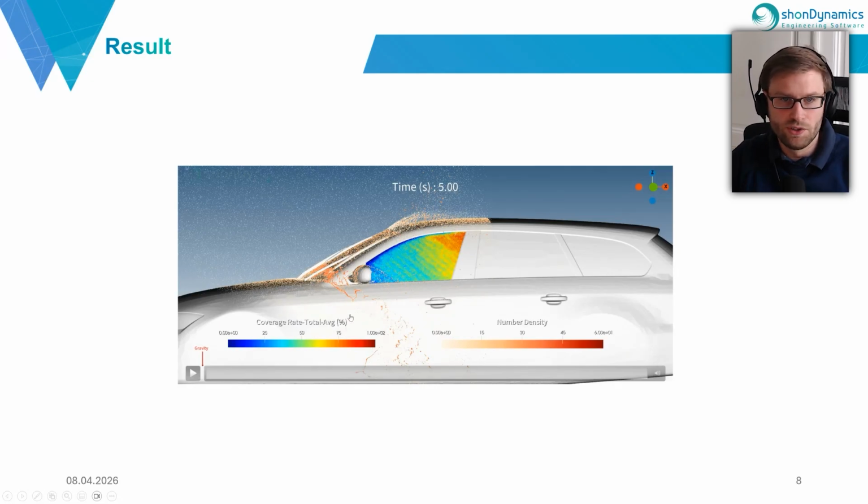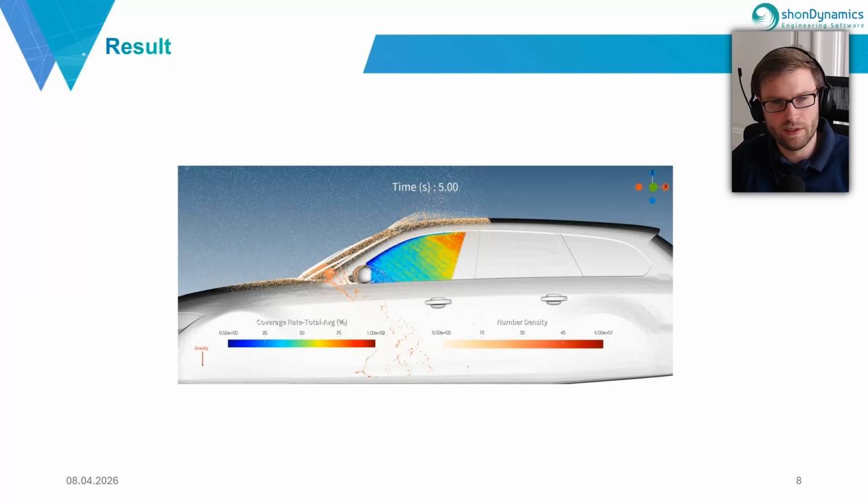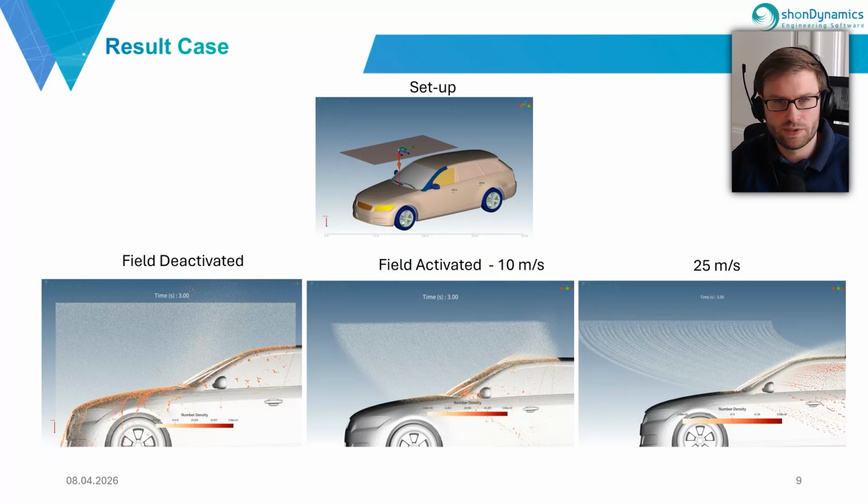And on the surface, I always used the coverage rate as a variable, averaged over time. Because in one time step you can't see any patterns, so it's always useful to use the time-averaged value, so you get some patterns of how the fluid behaves, and so on.